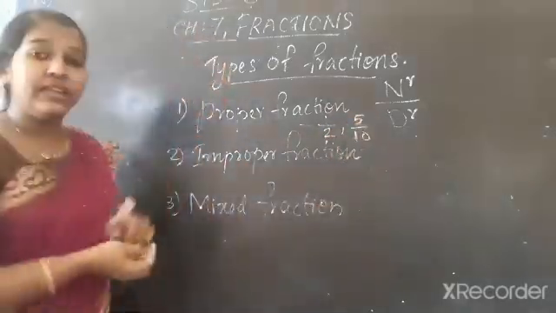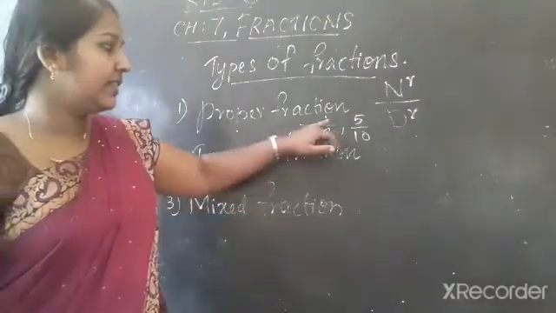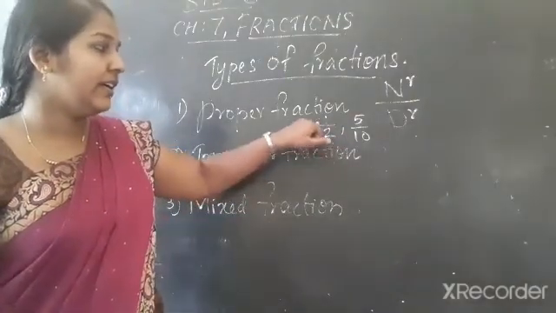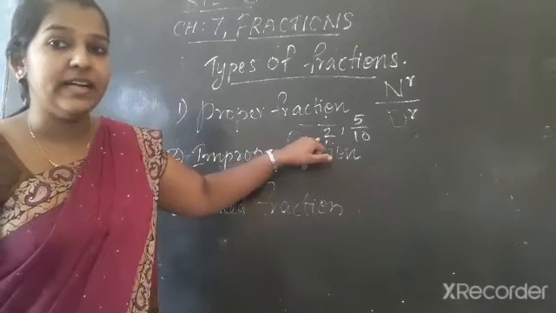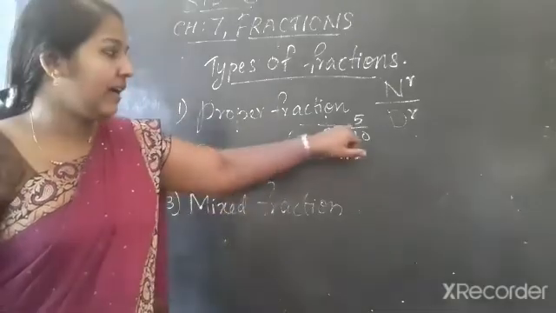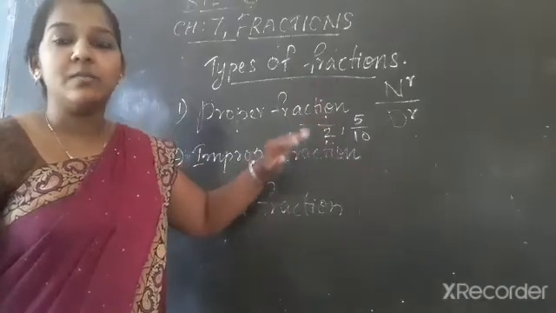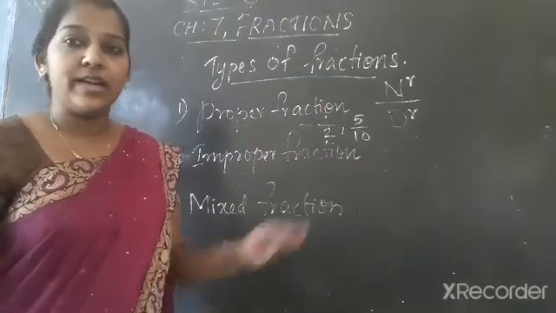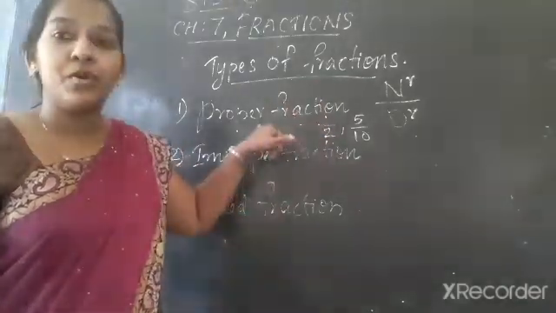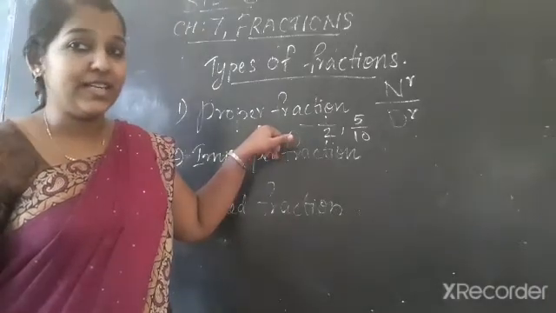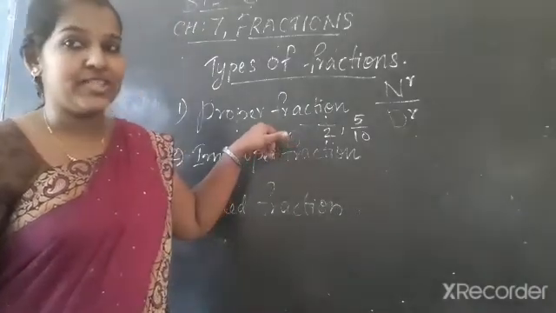Here the numerator 1 is smaller than the denominator, isn't it? And 5 is smaller than 10. So these fractions are proper fractions.